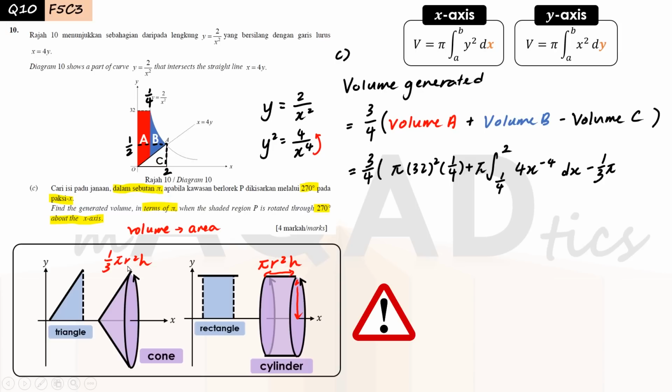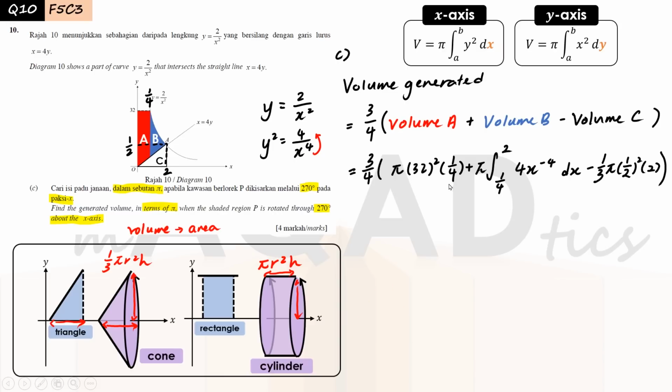For the radius, it will be from the x-axis to the top here, so it will be the length of this line, which is 1/2, and we are going to square it. For the height, it would be the length of this line, which is 2.